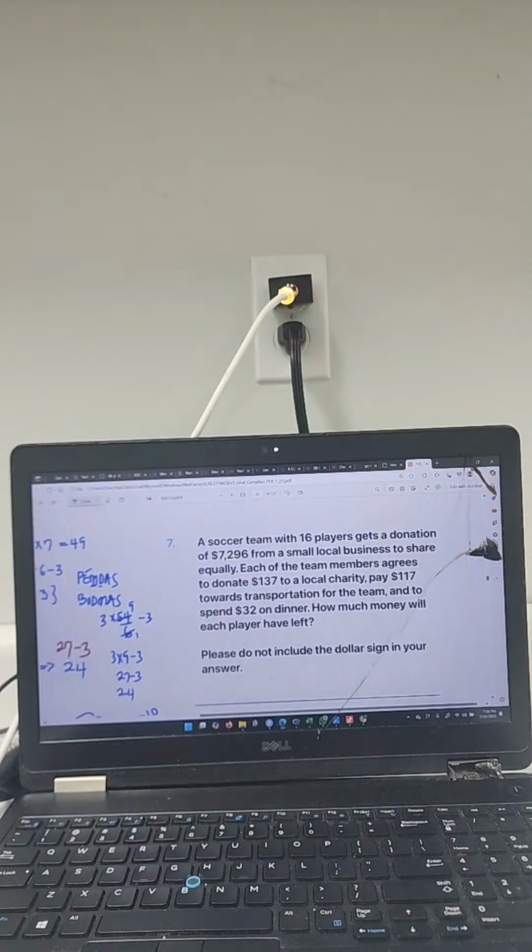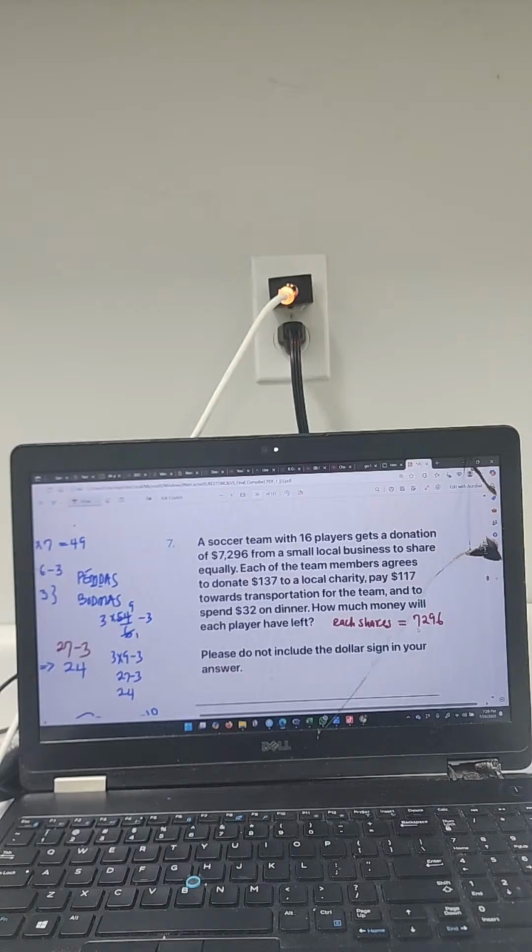So the first thing you have to do is, what is the individual share? Each player shares. Now, the total money given is what? 7,296. Okay, let's just put this in the right sense. For example, you want to share 10 oranges with your 2 kids. So how many oranges are you going to give each?